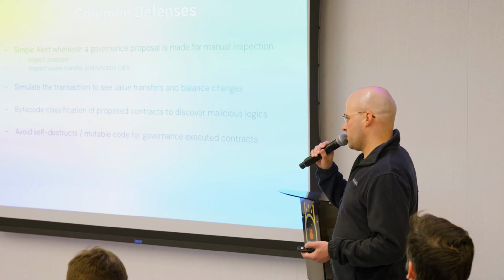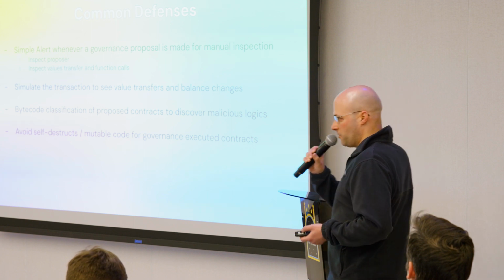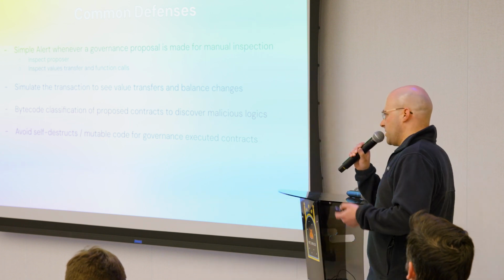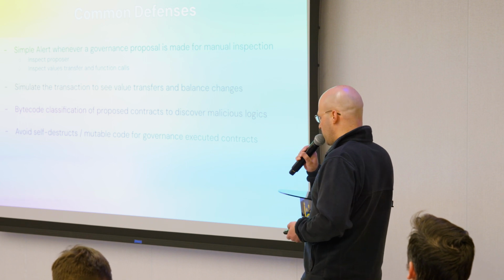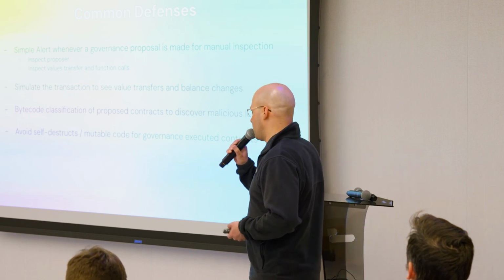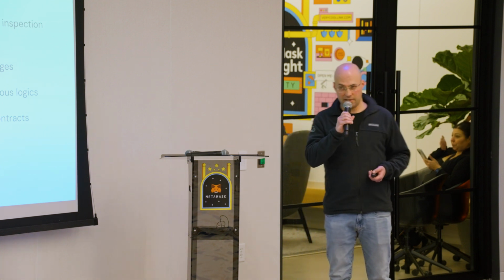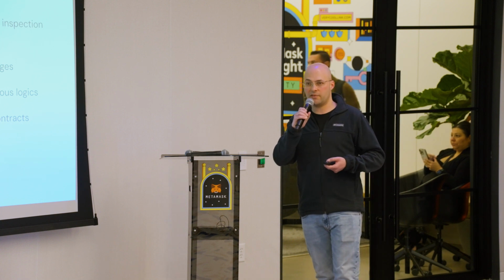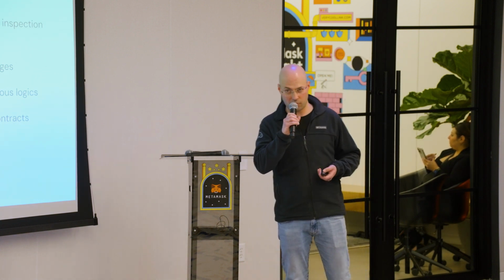So I think, as you saw, governance is an attack vector. It can be manipulated in many different ways. And when it is manipulated, it's still something privileged that is executing something malicious, which is a bad thing. There are various things that could be done to mitigate a lot of these attack vectors. Of course, one of them is to get visibility, right? You want visibility into all the proposals being proposed.